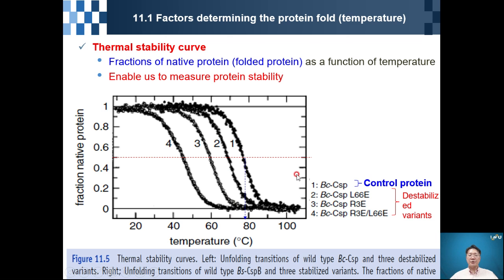How about number 2? Number 2 is around 70 centigrade, half of them exist as native and half of them exist as unfolded protein. How about number 3?